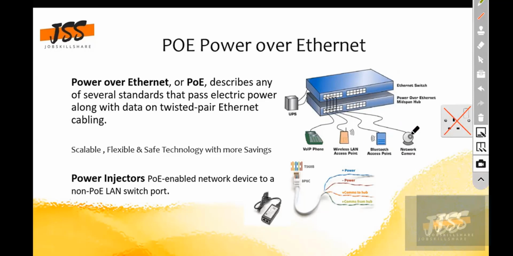As you can see, this network camera, wireless LAN access point, and VoIP phones are directly connected to the switches without plugging into the AC adapter. So basically the switch is providing the power. So this is the concept of power over Ethernet.